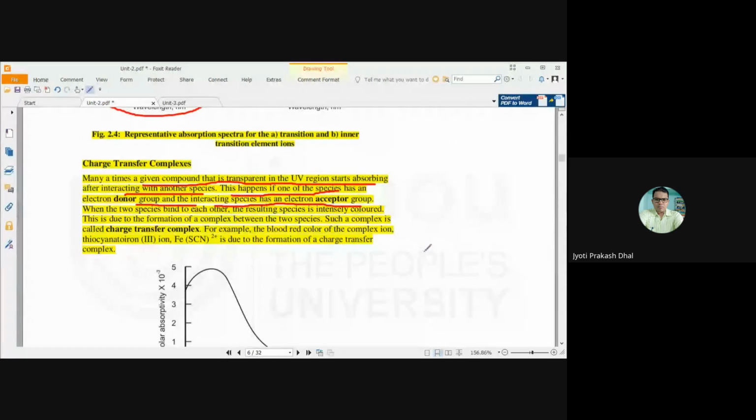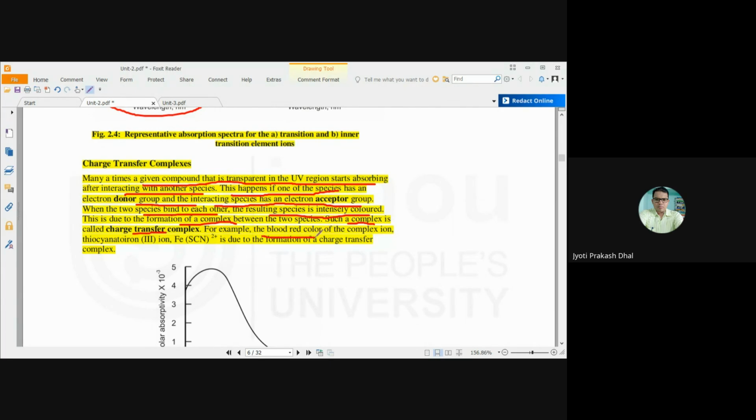The electron rich species can donate electrons, and the other, electron deficient species has an acceptor group. When the two species bind to each other, the resulting species is intensely colored. This is due to formation of a complex between the two species, and such a complex is called a charge transfer complex.